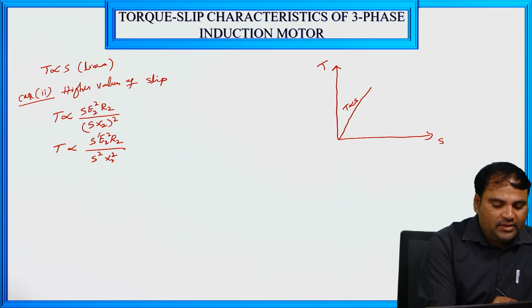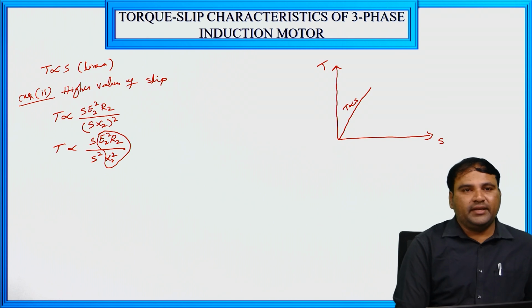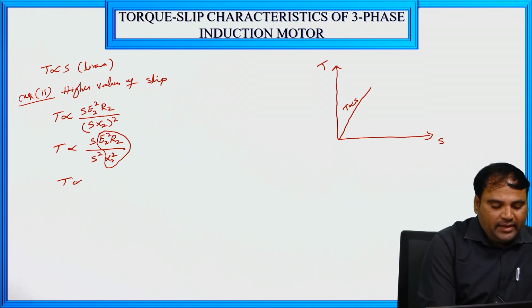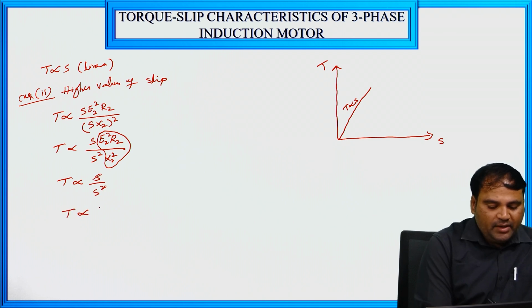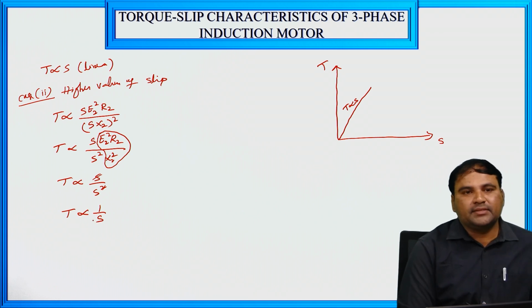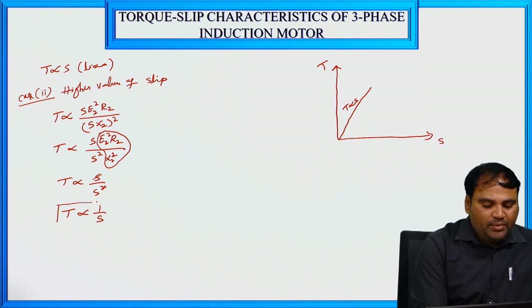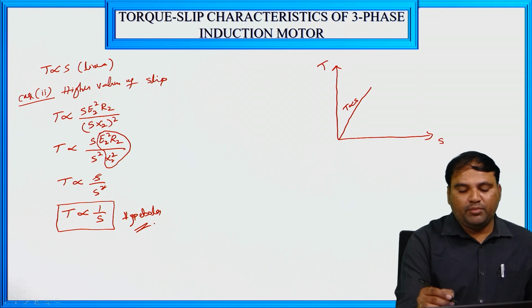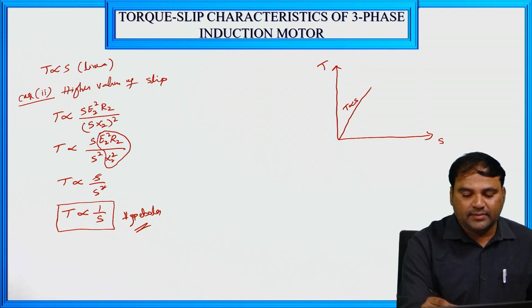In this equation E2², X2² and R2 are constant, so eliminating them we get T directly proportional to S by S². One S gets cancelled, so T is directly proportional to 1 by S. If T is directly proportional to 1 by S, it is a hyperbola, so we get a graph like this.